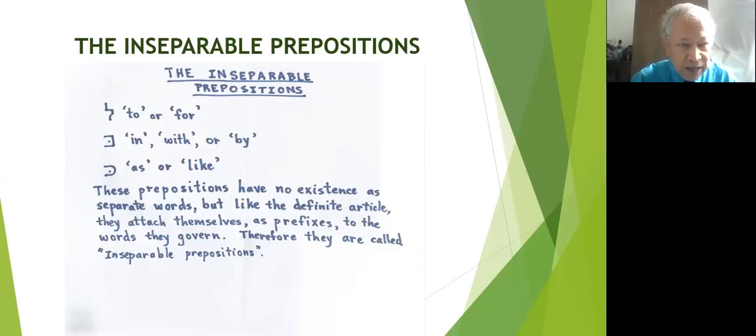So, le is to or for, be is in, with, or by, ke is as or like. Remember that when a consonant does not have a vowel underneath it, we put a simple schwa underneath that consonant.